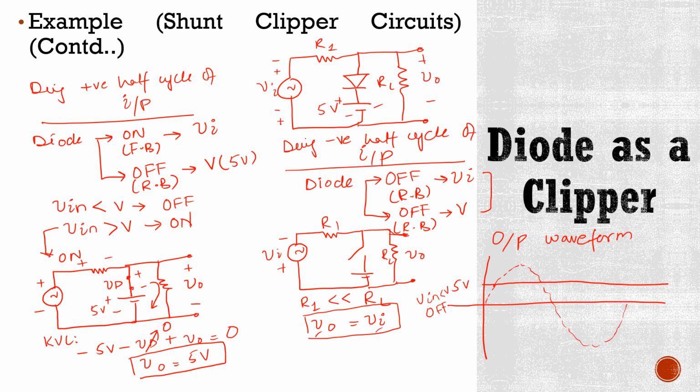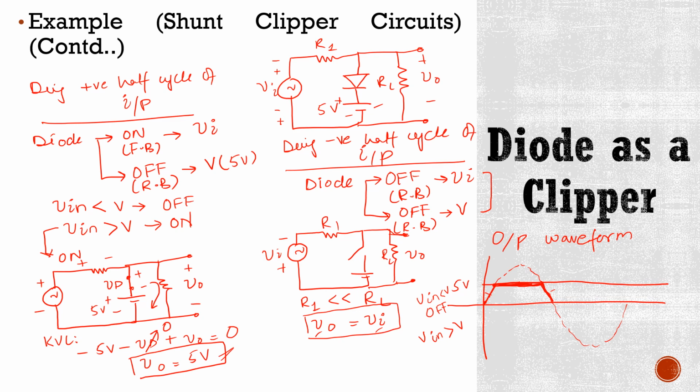It means from this region to this region, this would be our output voltage. Here V naught is equal to Vi. Now after this point, when Vin is greater than V, that is 5 volts, then this diode is on, and when this diode is on, output voltage is 5 volts. It means this is drawn like this. So this is our output voltage during the positive half cycle of the input.